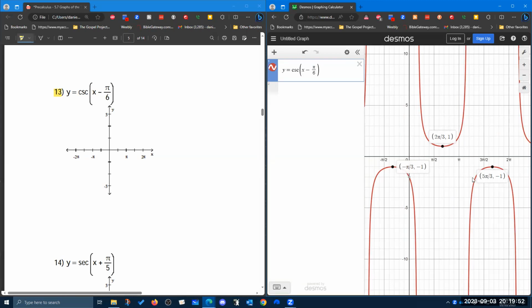And instead of our minimums here being at pi over 2, it's now pi over 2 plus pi over 6.